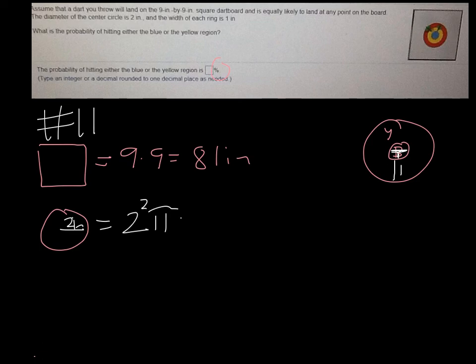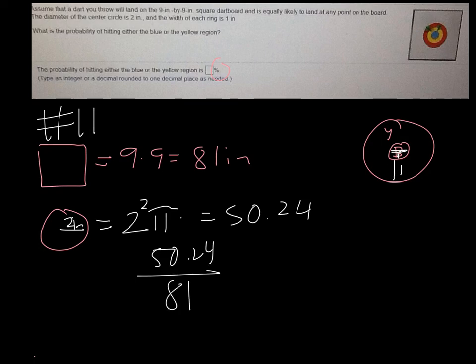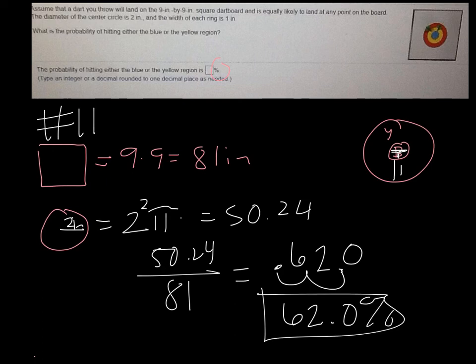And that would be 50.24. So we have our 50.24 over 81. Now, since it's asking to have it as a percent and round to 1 decimal place, this as a decimal is 0.620. And if I'm asking for a percent, I move it 2 times to the right, so it'd be 62.0%. And I should write my percent sign, and that right there is my bueno answer.